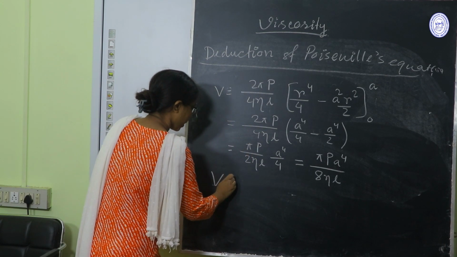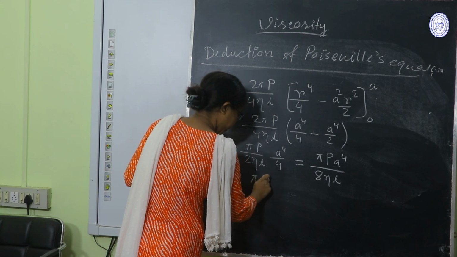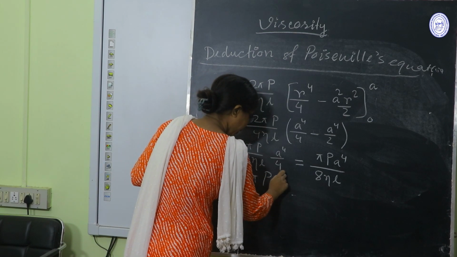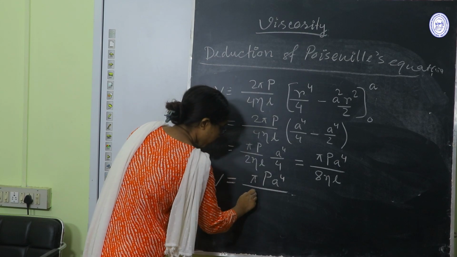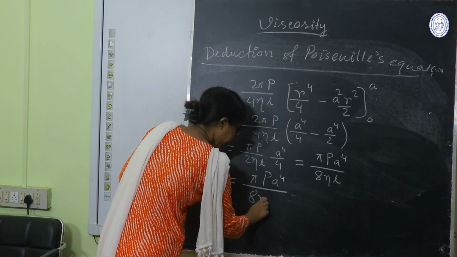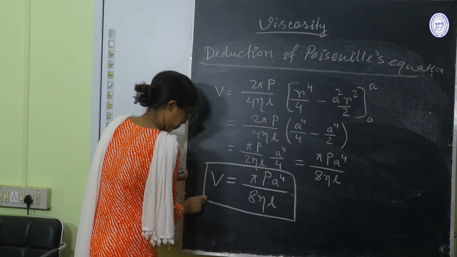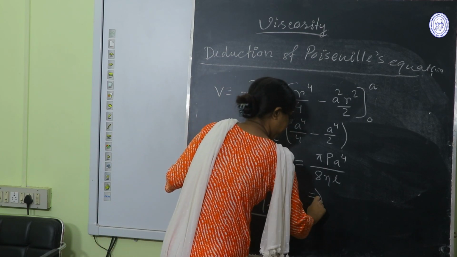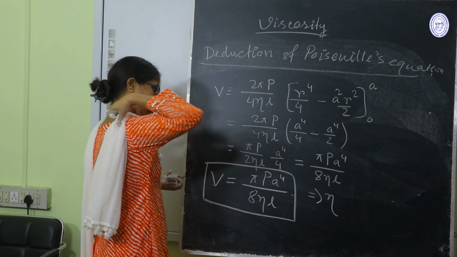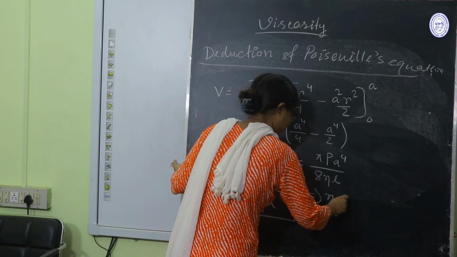So, this is the expression for the volume of the liquid flowing through the capillary tube per unit time, or per second.